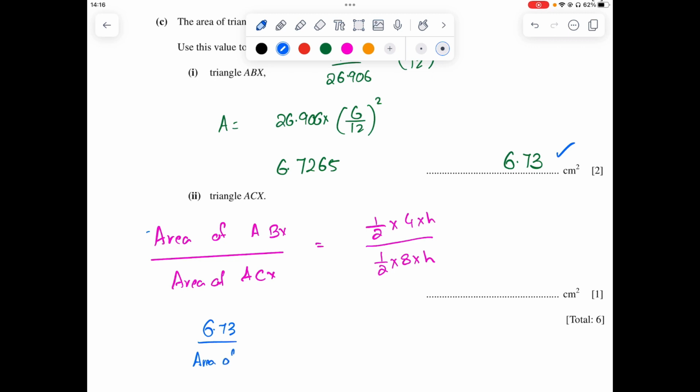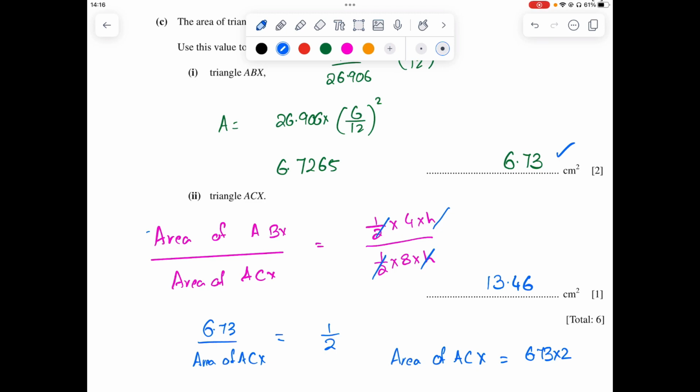Half and half get cancelled, h and h get cancelled, 4 upon 8 means 1 upon 2. So area of ACX will be equal to 2 times 6.73, which is 13.46.